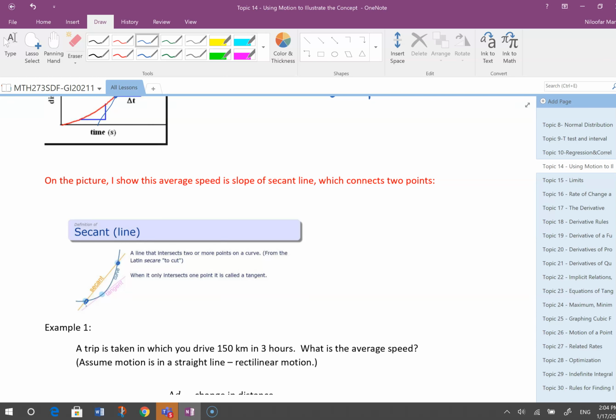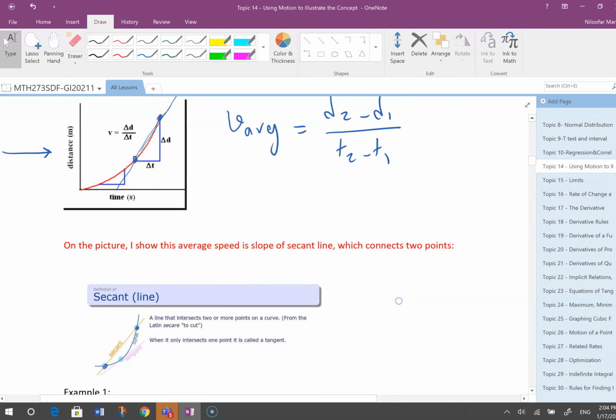So I can relate these to each other. For example, this average speed, which is change in d over change in t, is like the slope of this secant line, and a secant line is a line which connects 2 points on the curve.